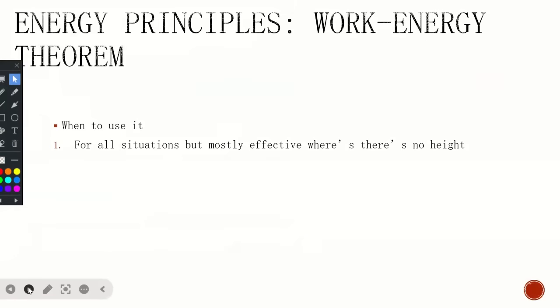We now have the last energy principle, which is the work energy theorem. When to use it? You can use it for all situations, but it is mostly effective where there is no height. You can use it in a situation where there is height, but it will be much more effective in situations whereby no height is provided.